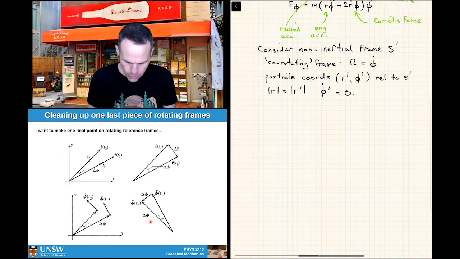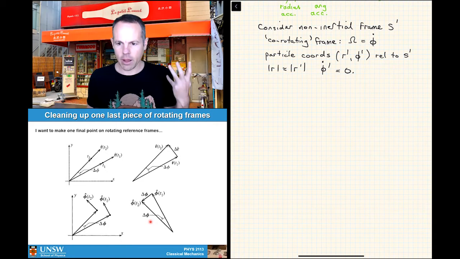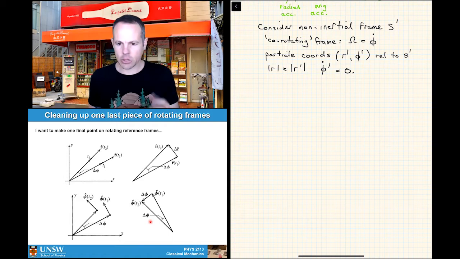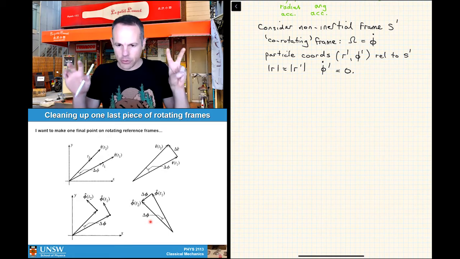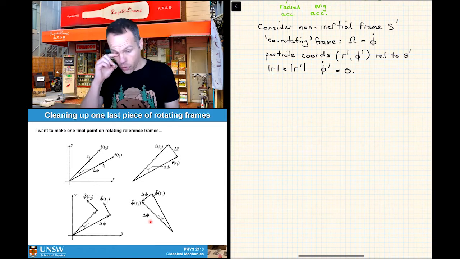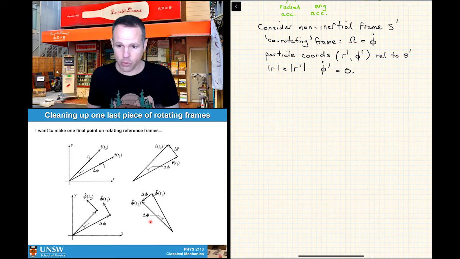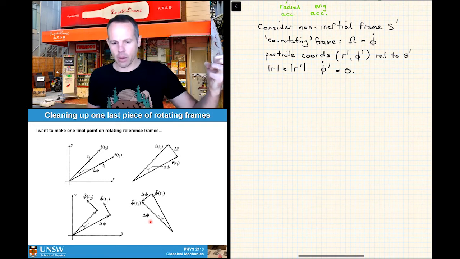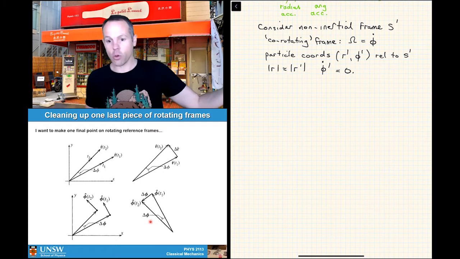All right, so the thing we learned in the last lecture is that if we want to deal in a rotating reference frame, what we have to do is add two fictitious forces to our overall force in order to cope with the fact that the reference frame is rotating, okay? And so the first part of the maths that I did back before was just a normal inertial reference frame.